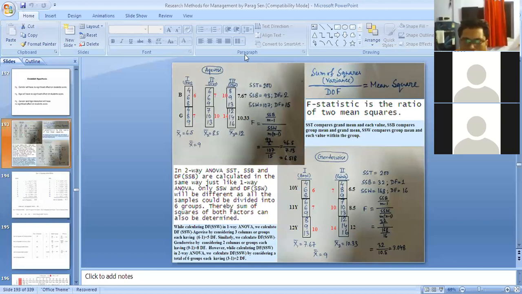Why? Because you are not considering the gender here, nor the age here, so you are ultimately having 3 blocks here, and here there are 2 blocks.